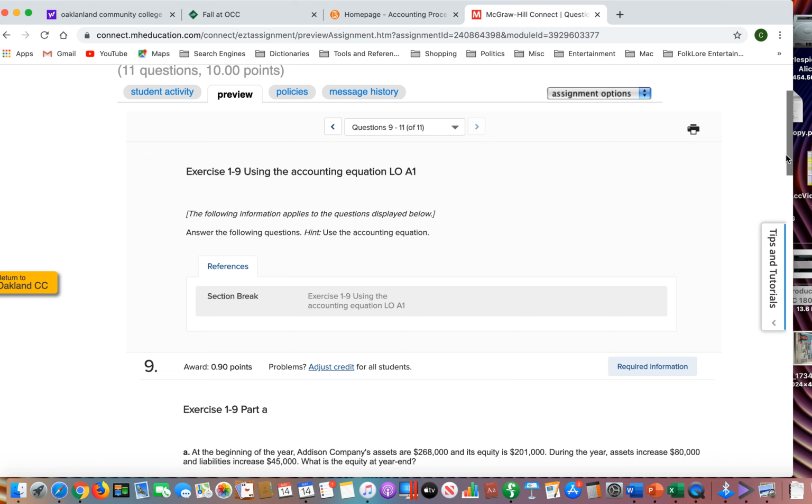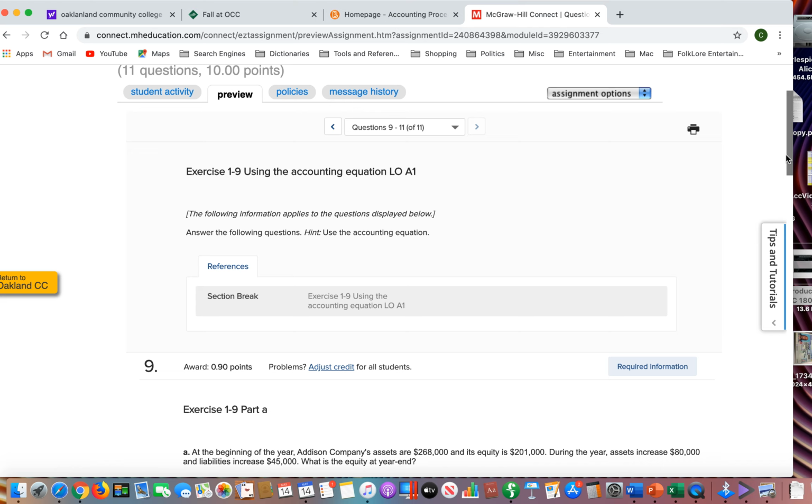If the assets were $268,000 and the equity is $201,000, what must have been the liability at that point in time? $67,000. So during the year, assets increased by $80,000 and liabilities increased by $45,000. What is the equity at the end of the year?